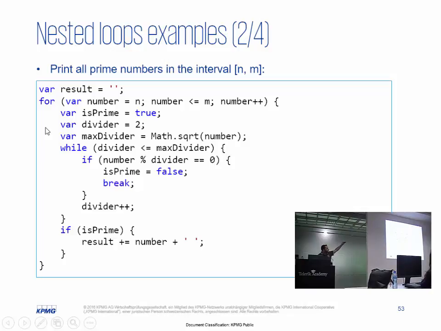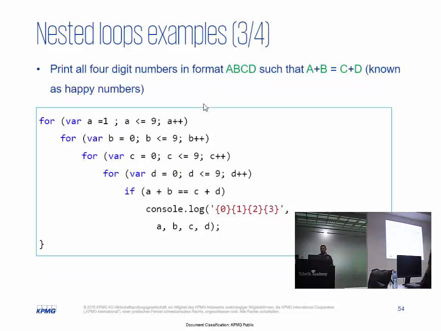They'll get started again, they'll get initialized again, and then we'll start this. The only thing that changes is this number here that gets incremented here. But apart from that, there's a nested while inside our for loop that does this check for each of the numbers between n and m. 1, 2, 3, 4 nested loops.